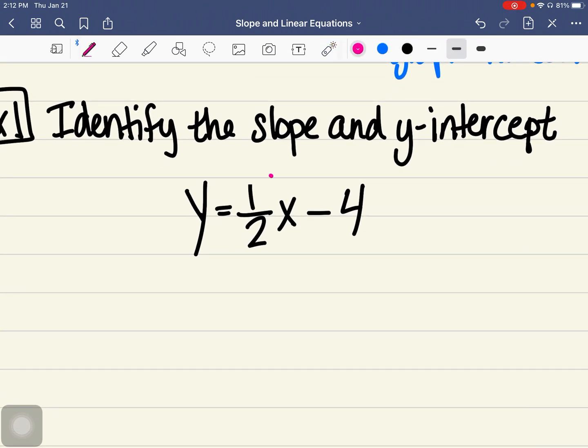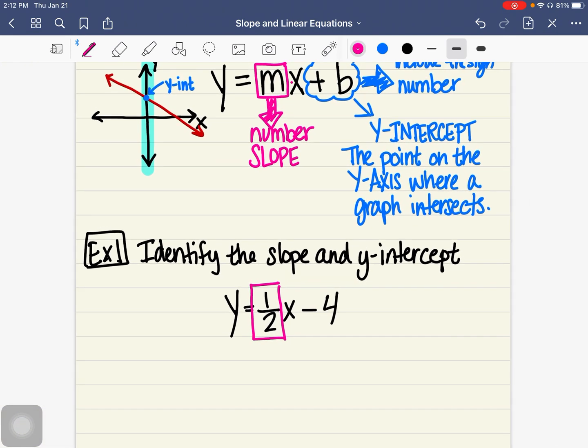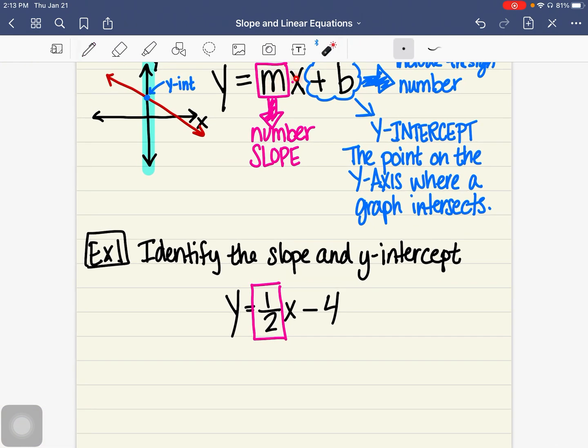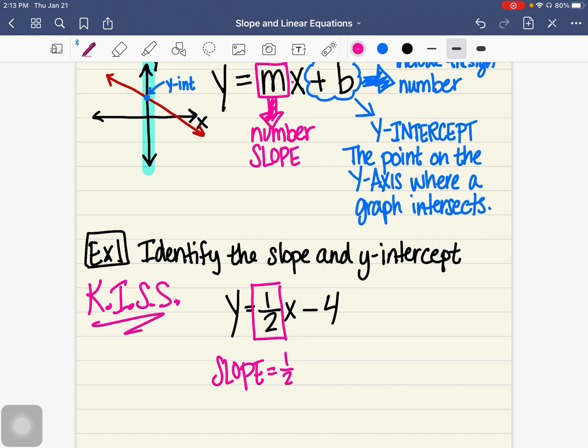So the slope, according to this up here, is the coefficient of x, or the number that multiplies by x. So it's the one that's next to x. So the slope in this problem is 1/2. You guys know what I like to say: keep it simple, students.